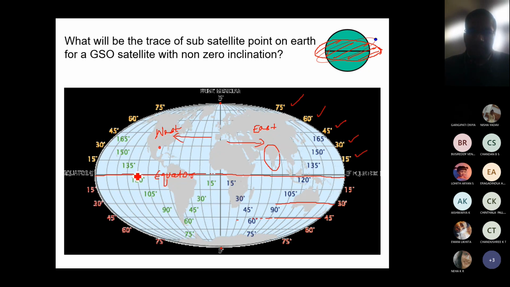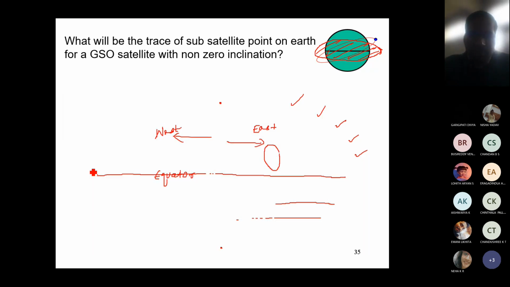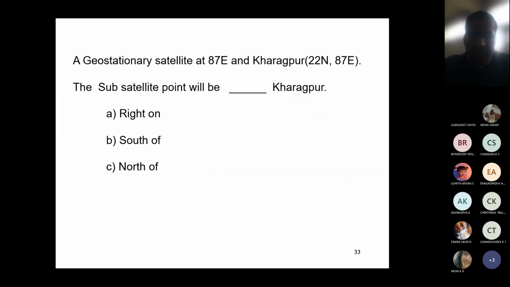That means the satellite will rotate along the equator, and again go back behind the equator. So in the equatorial plane, the satellite will rotate. It is difficult to draw the three-dimensional thing.